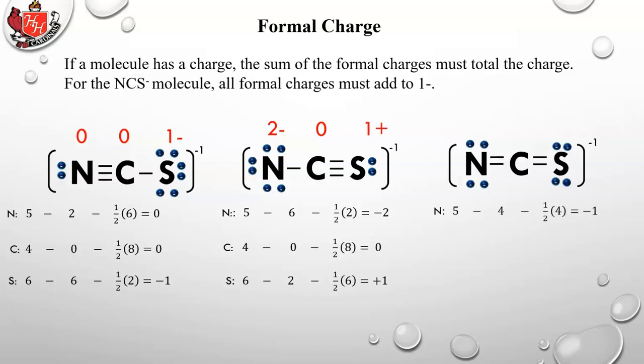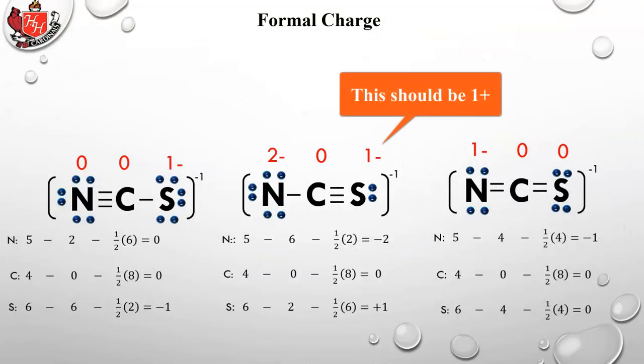The last one is 5 minus 4 lone pair electrons minus half of the 4 bonding electrons is -1. Okay, carbon is 4 minus 0 minus half of 8 is 0. And finally, sulfur is 6 minus the 4 lone pair electrons minus half of the 4 bonding electrons is 0.